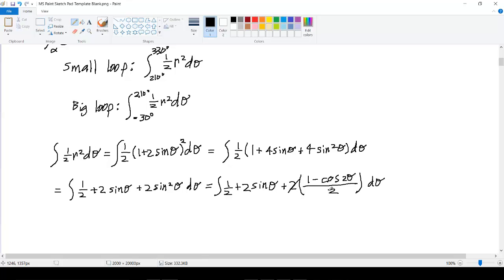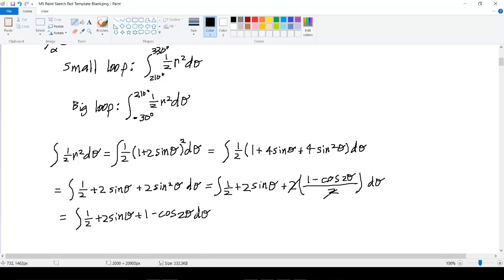So the 2 here and here will just cancel out. It's about the only nice thing about this problem, I gotta say. And we can finally get something: 1/2 plus 2 sine theta plus 1 minus cosine of 2 theta d theta.